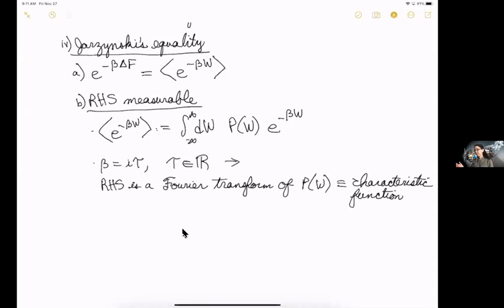So to me, the essence of Jarzynski's equality is the free energy difference. The free energy difference is related to a characteristic function of a work distribution.